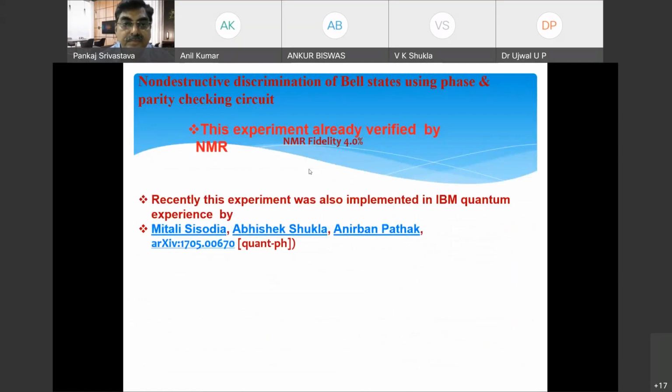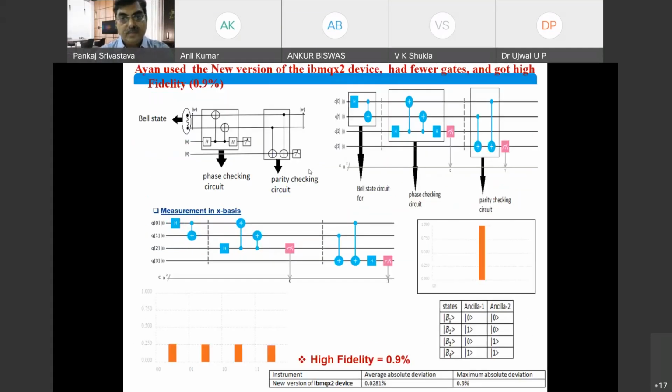Non-destructive discrimination of Bell states using phase and parity checking circuits. This experiment was implemented on the IBM computer by Anirban Pathak and his students, and my summer students repeated this, and they claim that they got a slightly higher fidelity, but I don't know whether it was just a simulation or an experiment.